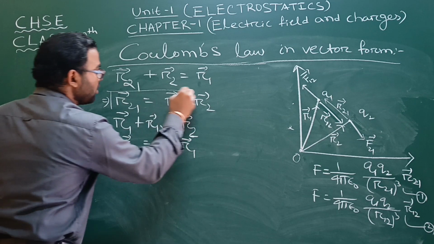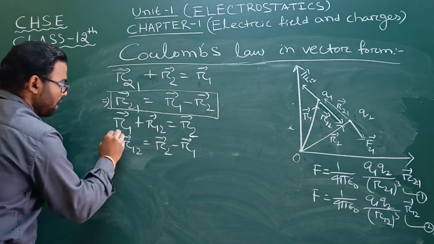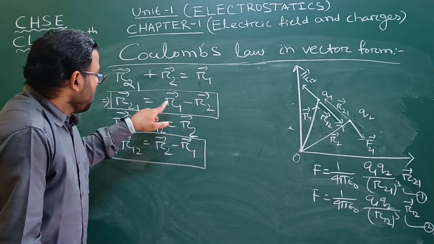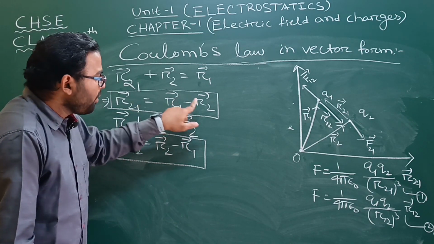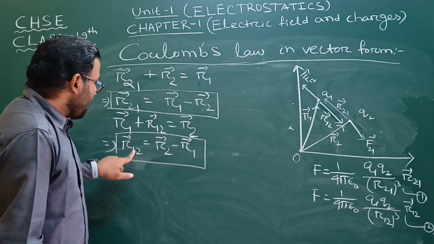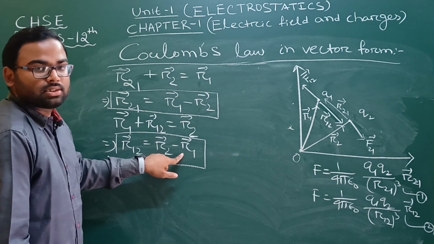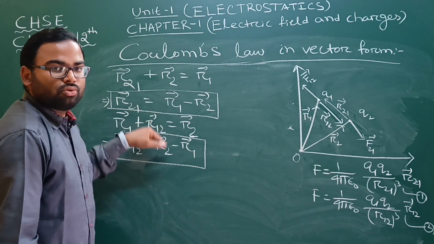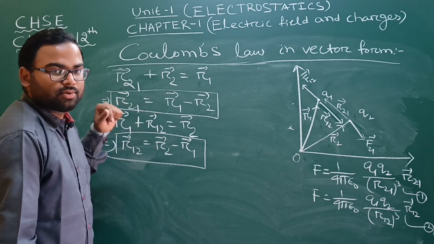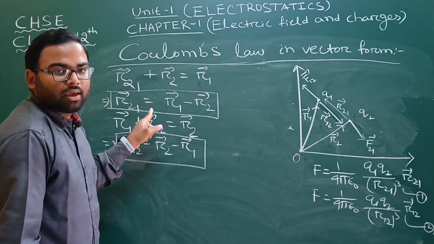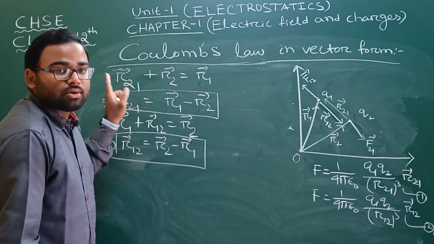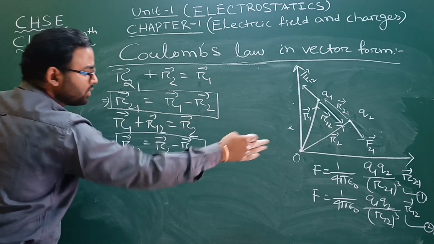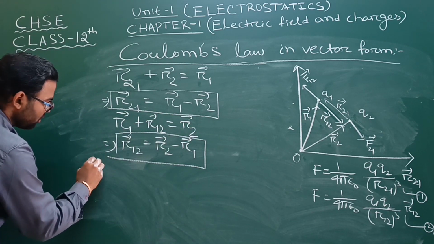So R21 vector and R12 vector. See, R21 is R1 minus R2. R12 is R2 minus R1. If I have to equate these two forces or these two displacement vectors, I have to multiply a negative symbol to either of them. Okay. If I put these values, what will be the value of F?